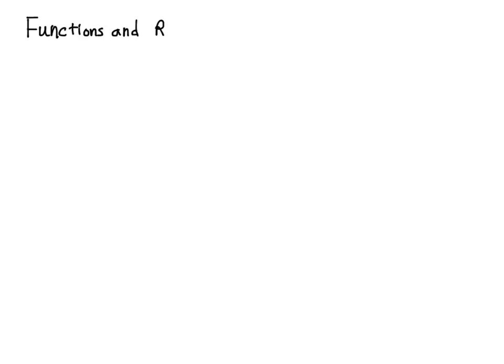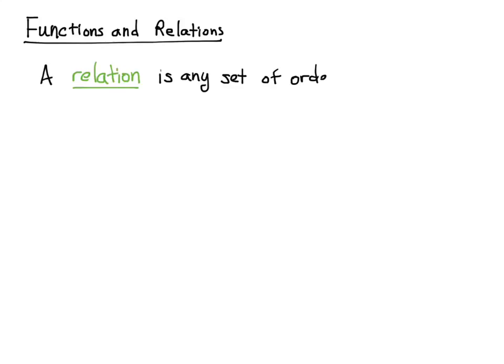But to start out with, functions and relations. We don't really hear the word relations very much in a mathematical context, but a relation or a relationship is, at its simplest, basically any set of ordered pairs.